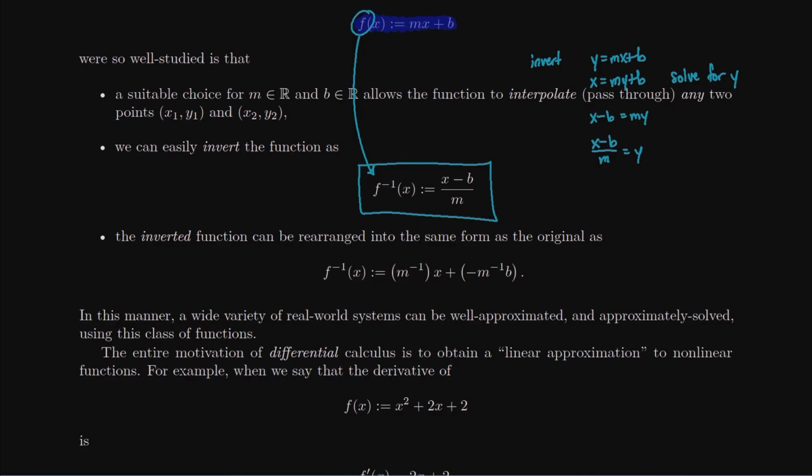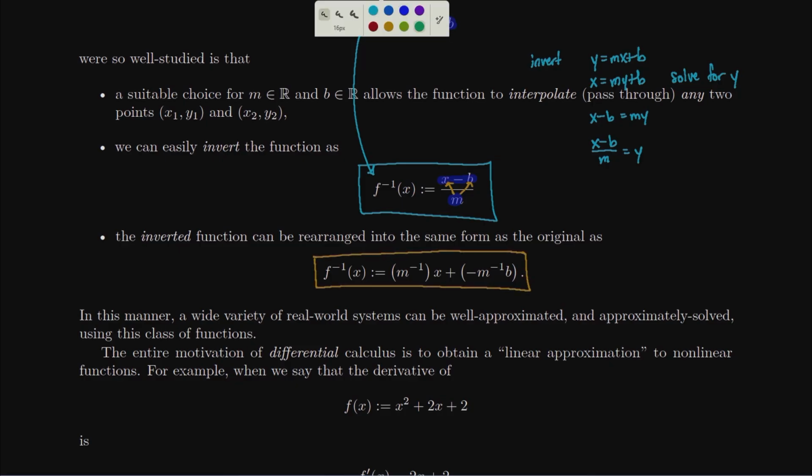More importantly, if I consider this inverse function, and I distribute m to both of these terms, to the x and to the b, it turns out the inverse function takes the form, it's got some new terms on it, but it really takes the form y, which is f inverse, equals m, some new m, this happens to be the reciprocal of the old m, x plus a new version of b. So there's still just a slope and a y-intercept.